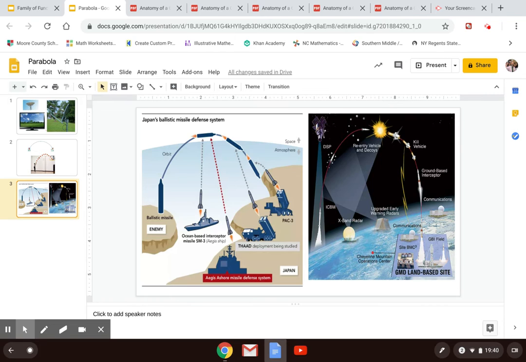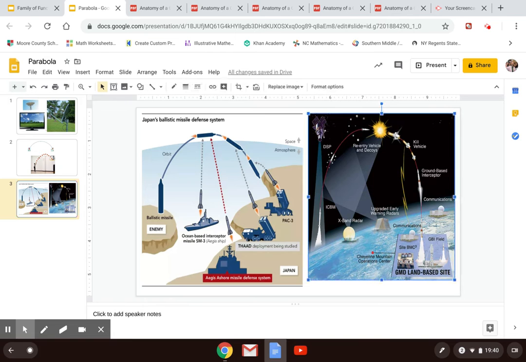If you look over to the other side of the slide, where you see the United States missile defense system, you see an intercontinental ballistic missile being launched from somewhere in the world, and it travels in the form of a parabola. Then we shoot missiles back to intercept that missile, and notice how the missile itself and our interceptors travel in the shape of a parabola.